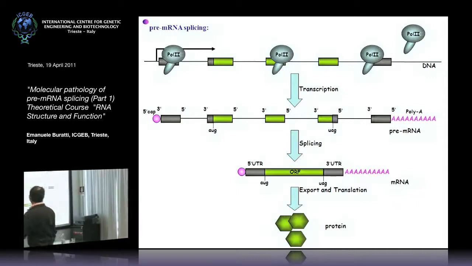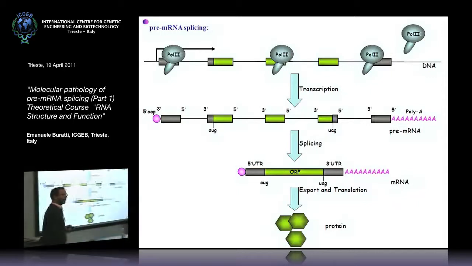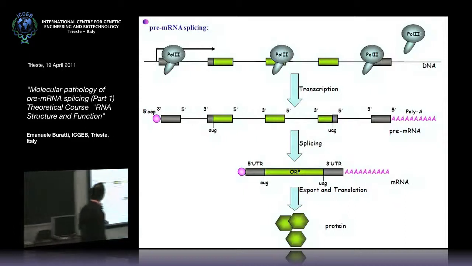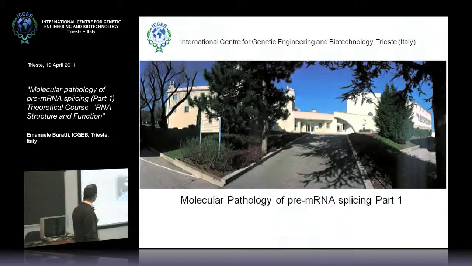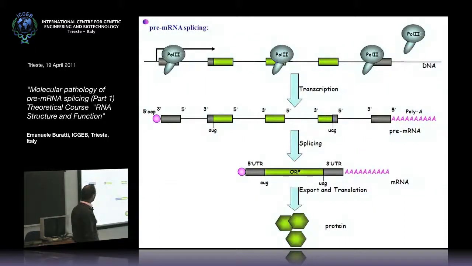You have an RNA, the pre-mRNA, that is transcribed by polymerase II. It is divided into exons and introns. To get the protein translated, all you need to do is get rid of the introns and join all the exons together. And then the mRNA is exported and translated in the cytoplasm.